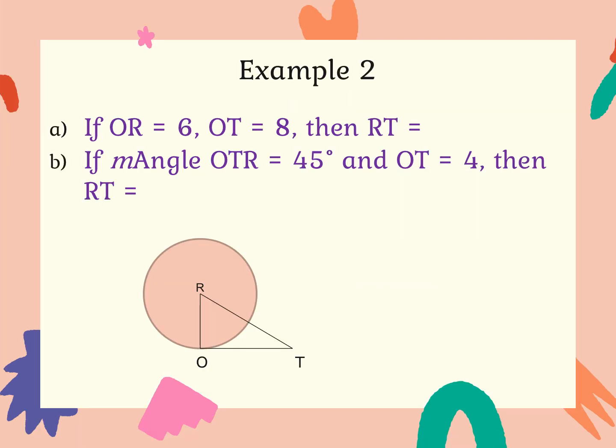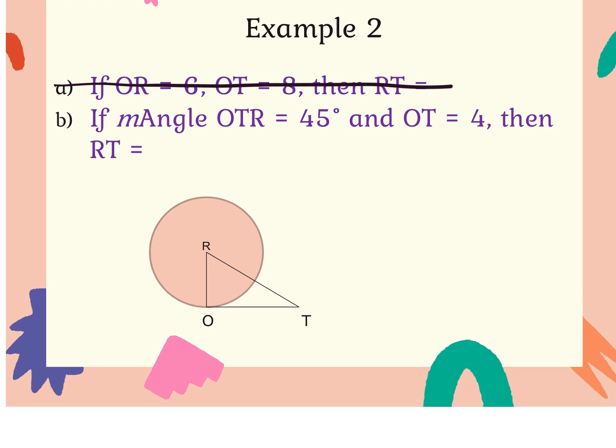So for part B, same picture. I'm going to label the given. So I'm given that angle OTR is 45.